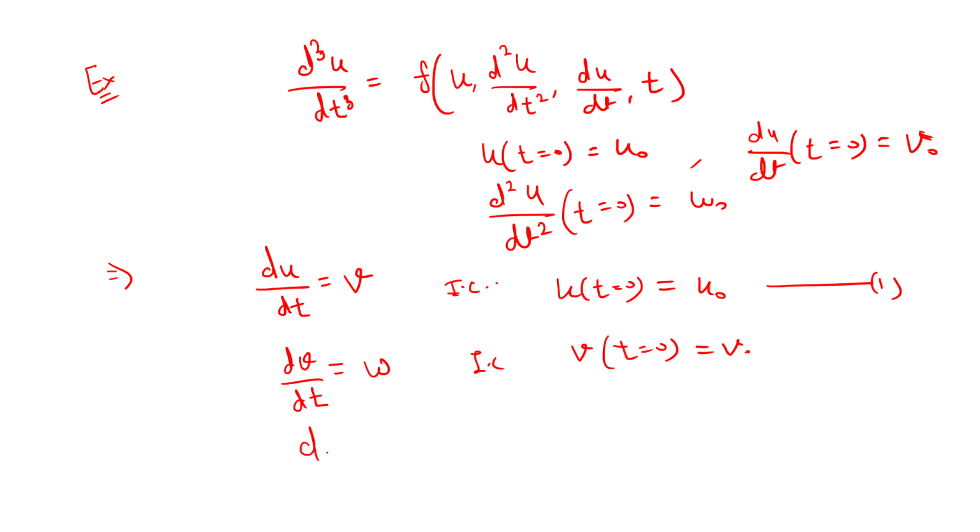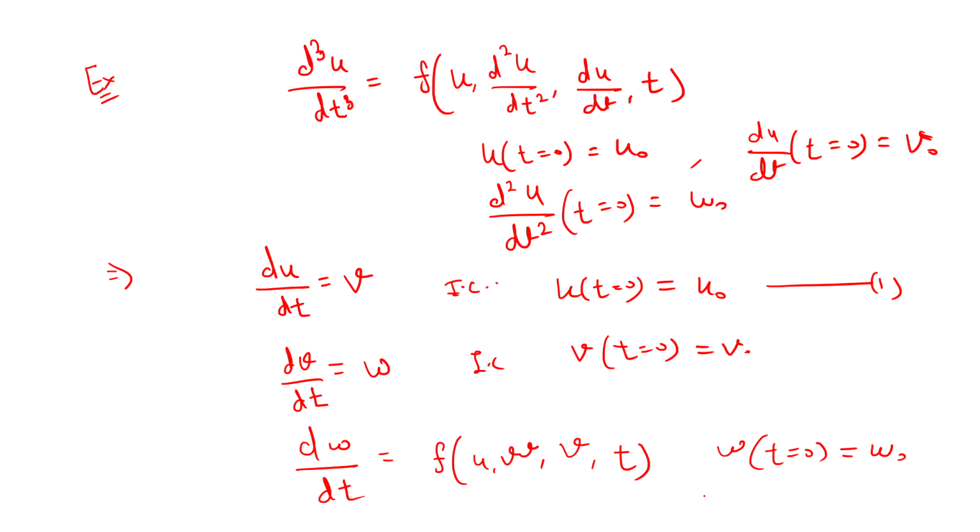The third ODE will become dw over dt is equal to f of u, v, w, comma t, with w at t equal to 0 being w naught. Remember that dw over dt is nothing but dv over dt, which is equal to d²u over dt². This is just for your understanding, and this becomes my third ODE.